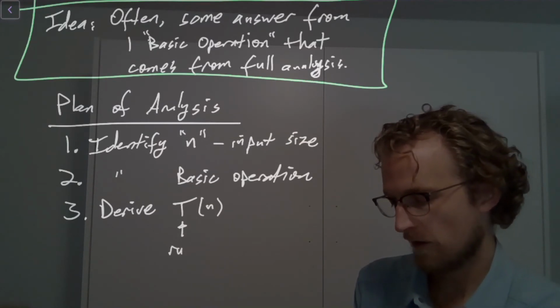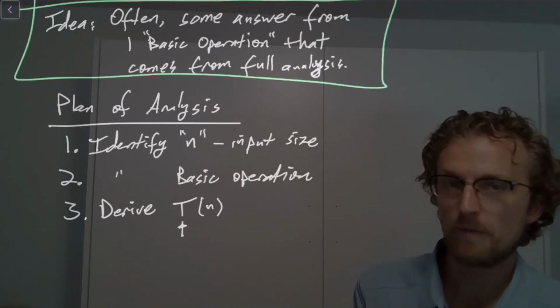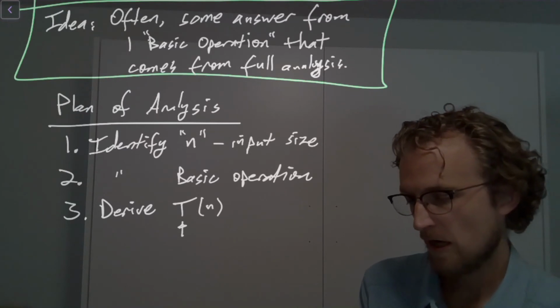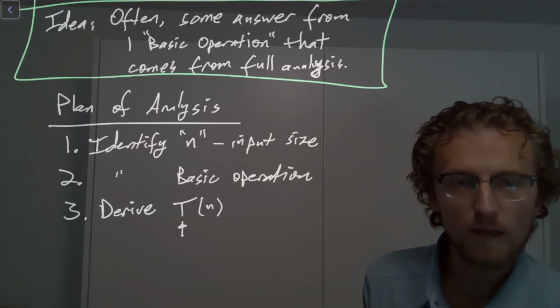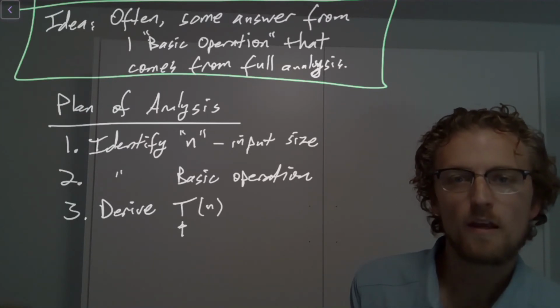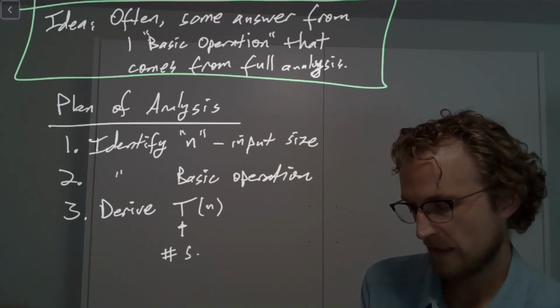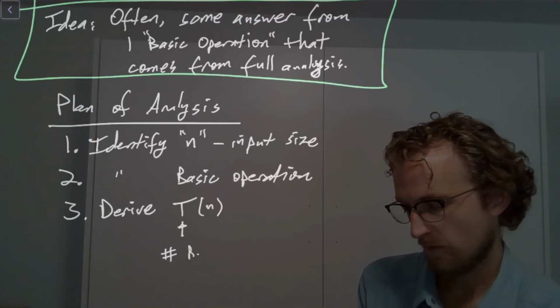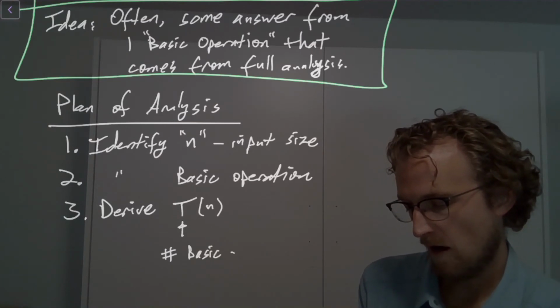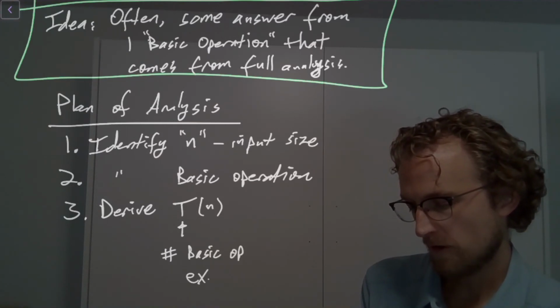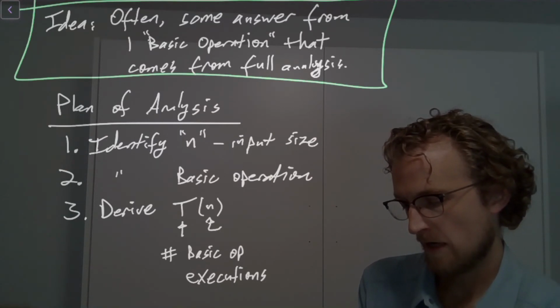Here, I'm going to even call this, it's not the running time anymore because we're looking at the basic operation. T is now the number of times the basic operation executes as a function of the input size. So this is the number of basic operation executions, and n is the input size.